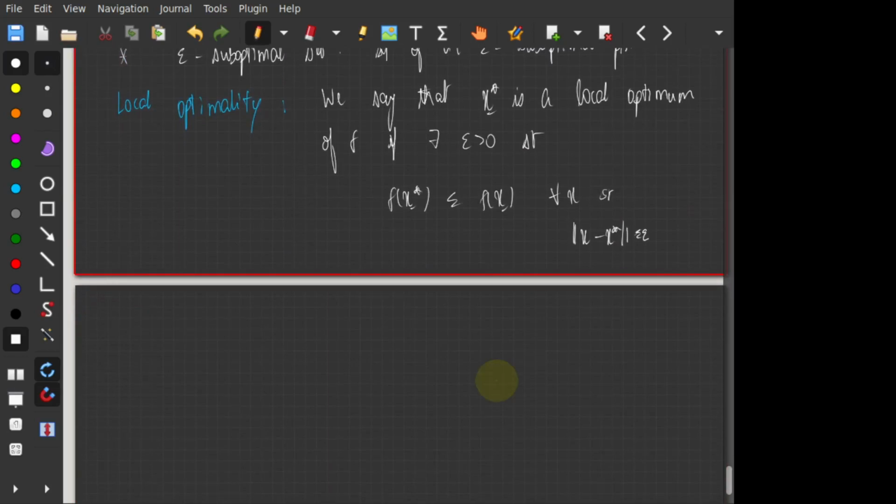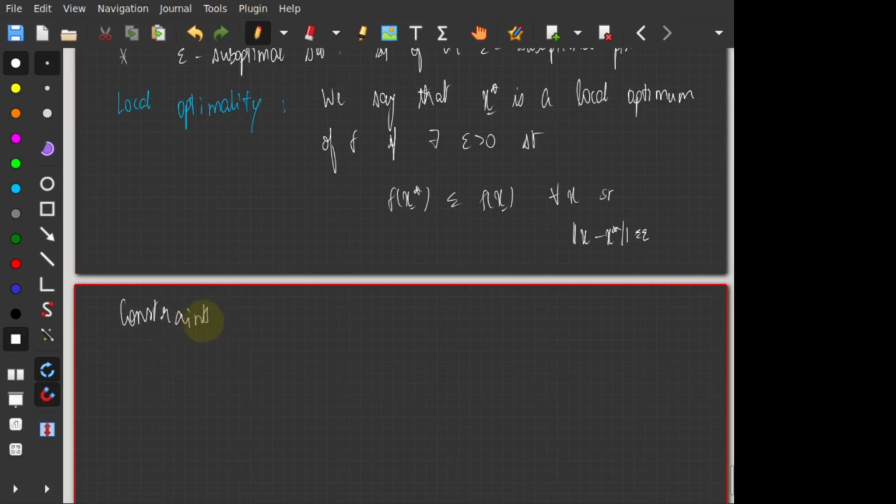Now, even among constraints, right? We saw that there are two types of constraints: equality constraints and inequality constraints. We'll again use some terminology for each of these. Suppose we're given some constraint fi of x is less than or equal to 0.